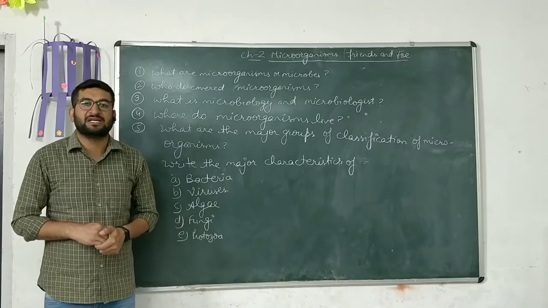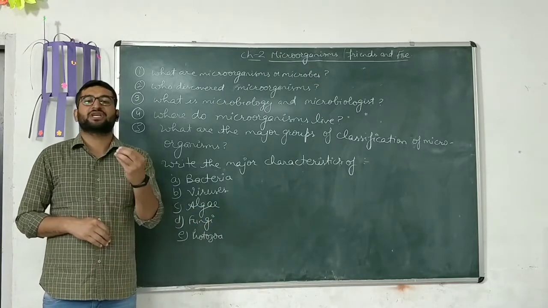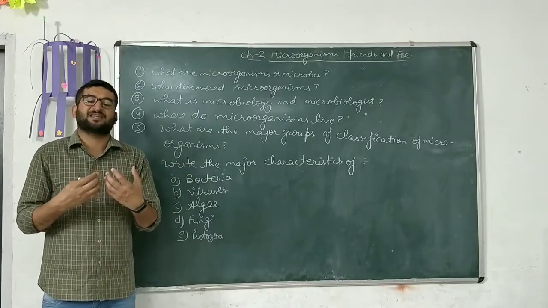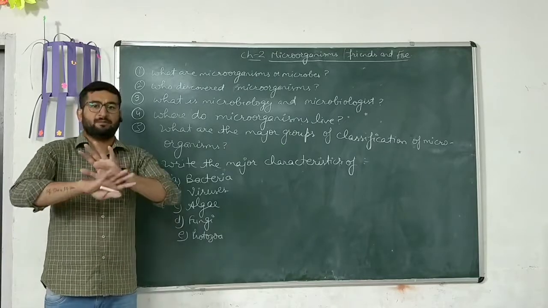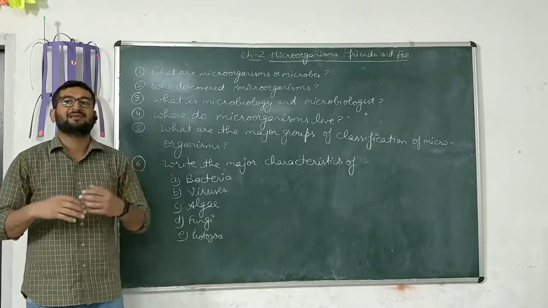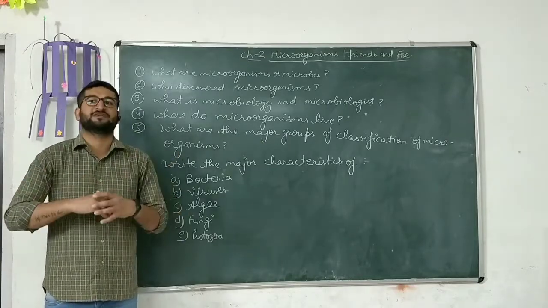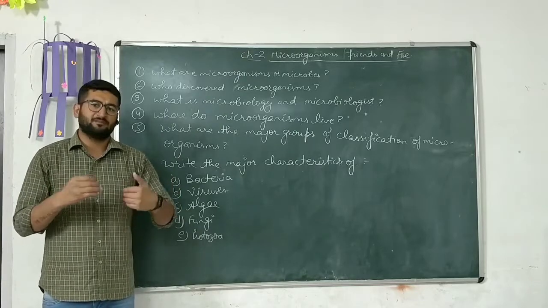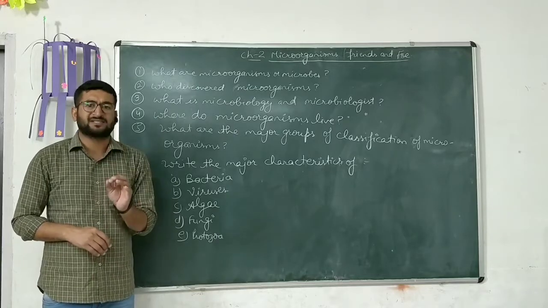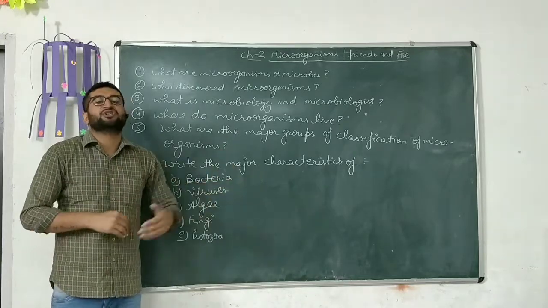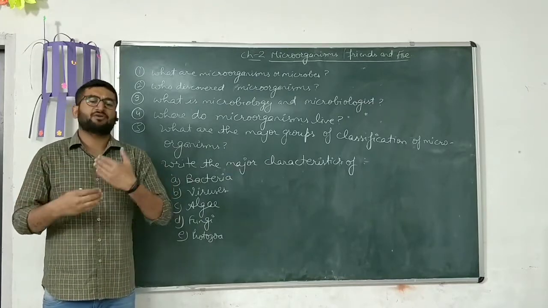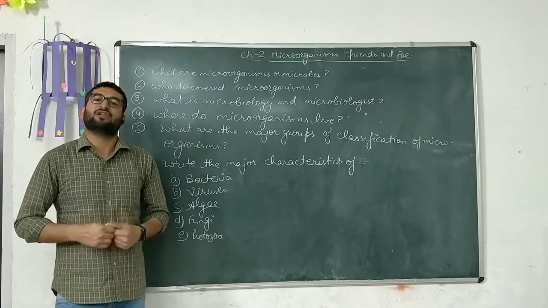That branch of science is known as microbiology. तो माइक्रोबायोलॉजी क्या है? ये साइंस की एक ऐसी ब्रांच है जिसमें एक साइंटिस्ट, जिसका नाम माइक्रोबायोलॉजिस्ट होता है, माइक्रोऑर्गेनिज्म्स की स्टडी करता है। माइक्रोऑर्गेनिज्म क्या है, कहाँ रहते हैं, उनका स्ट्रक्चर क्या है, क्या उनके हार्मफुल इफेक्ट्स हैं, क्या उनके यूजफुल इफेक्ट्स हैं, ऑल दोज इफेक्ट्स आर स्टडीड इन अ ब्रांच ऑफ साइंस, एंड दैट ब्रांच ऑफ साइंस इज नोन एज माइक्रोबायोलॉजी, एंड द साइंटिस्ट who does that study is known as microbiologist. So the scientist who does the microorganism study is known as a microbiologist.